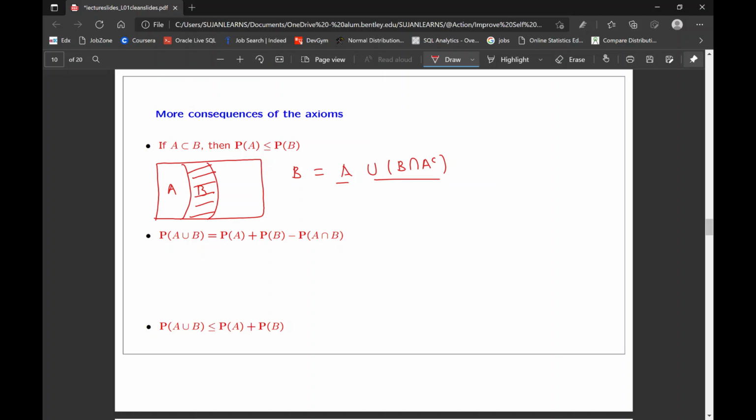Therefore, we can apply the additive axiom, which says that probability of B is equal to probability of A union (B intersection A complement), which is equal to probability of A plus probability of B intersection A complement.